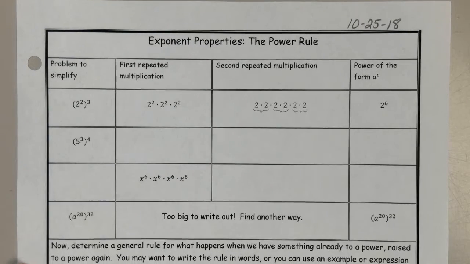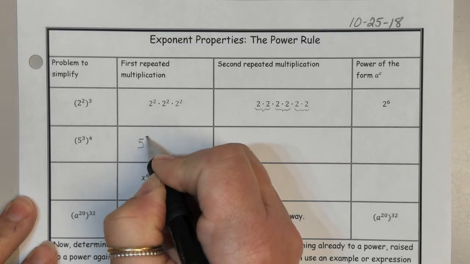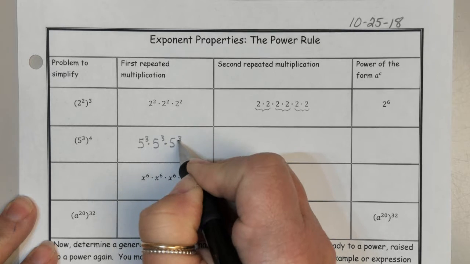Let's look at one more. This means 5 cubed multiplied by itself 4 times.